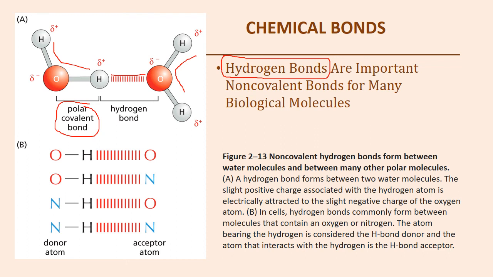The bottom part highlights the fact that usually if you have a nitrogen or an oxygen involved with a hydrogen, there'll be some type of hydrogen bond that comes into play, and usually you'll have what we call a donor atom and an acceptor atom.